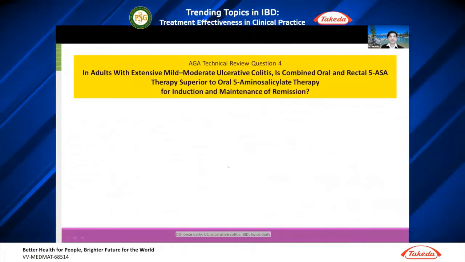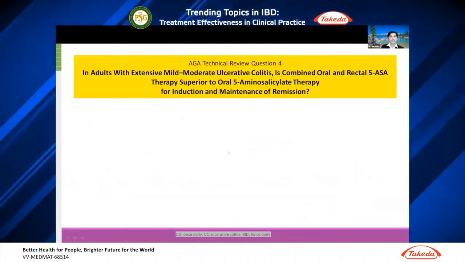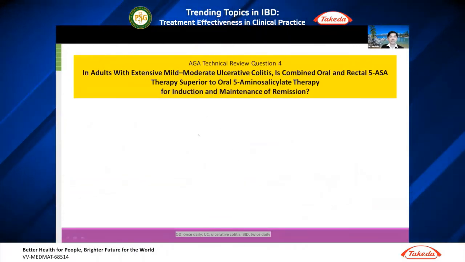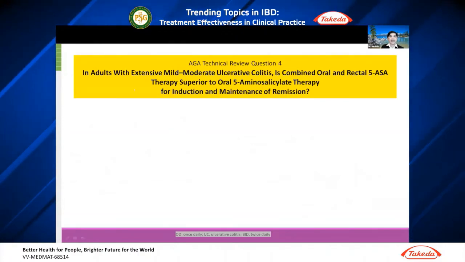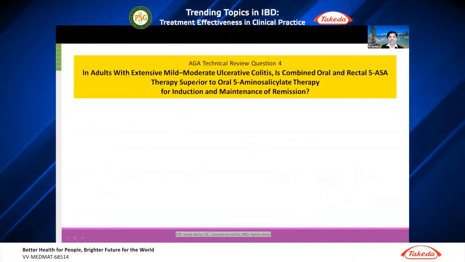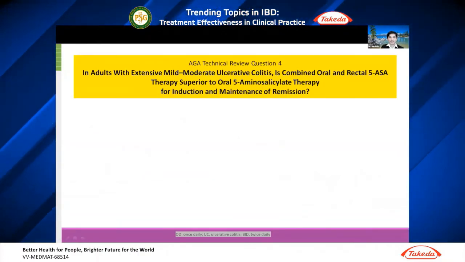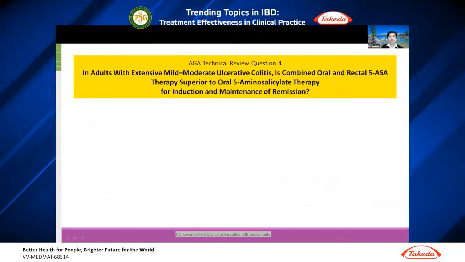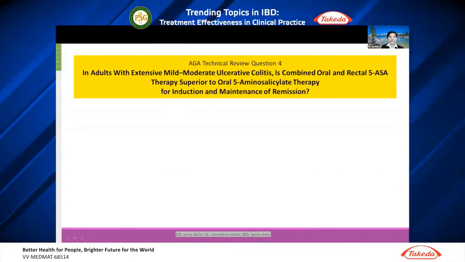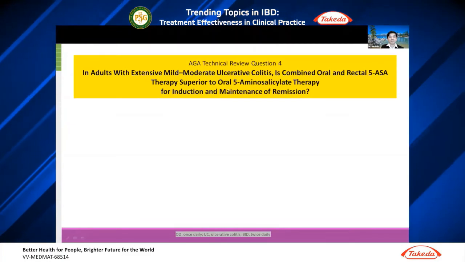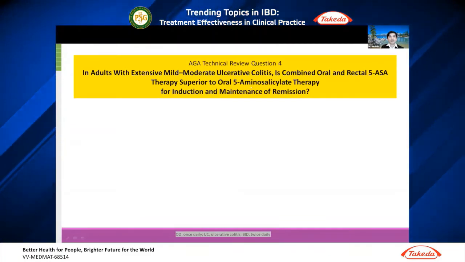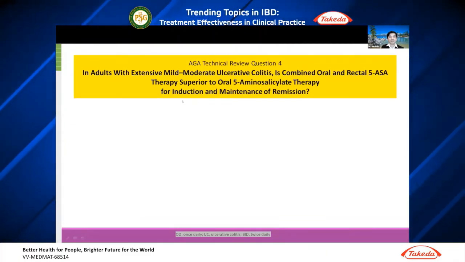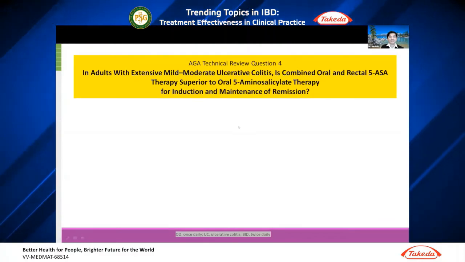Okay? So one of the interesting questions that I found in the AGA technical review is, in adults with extensive mild to moderate UC, is combined oral and rectal 5-ASA superior to oral 5-aminosalicylate therapy for induction and maintenance of remission?